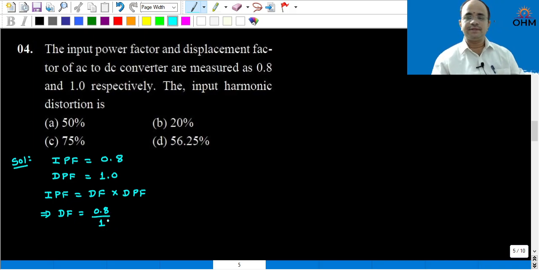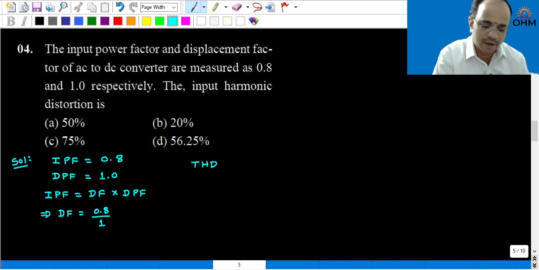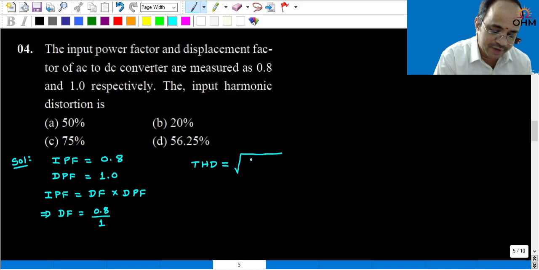Now keep it like that. So from the given data, quickly I calculated the distortion factor. Now what is the question here? What is the input harmonic distortion? By seeing the options, it is asking in percentage. Input harmonic distortion is simply nothing but total harmonic distortion. What is the relationship between total harmonic distortion and distortion factor? THD is equal to root of (1 by DF whole square minus 1).